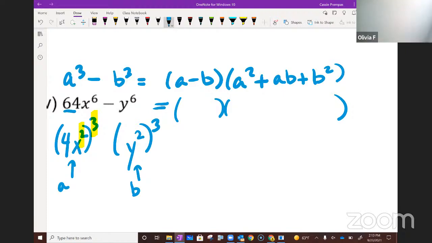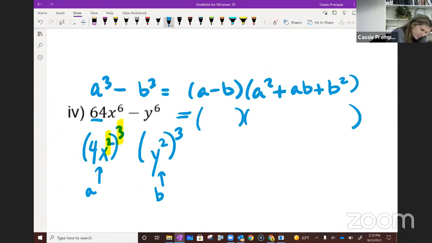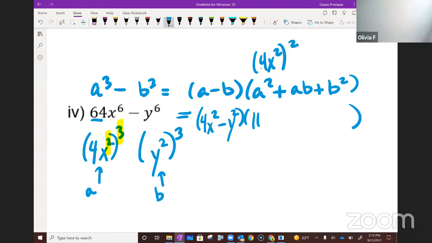Lucky you. All right, so what would you put in for the first parentheses? Would it be 4x squared minus y squared? Minus y squared, awesome. And then this one's tricky. What is 4x squared squared? 16x to the 4th power.